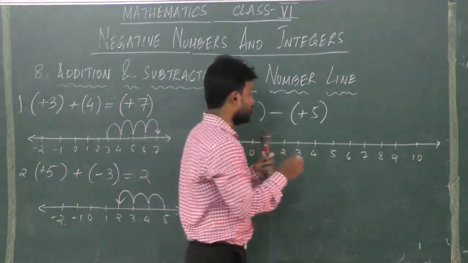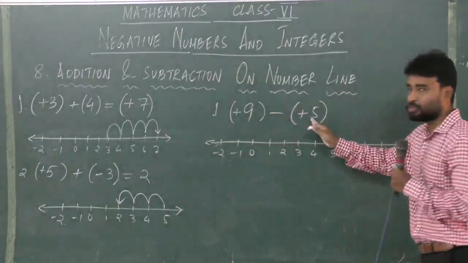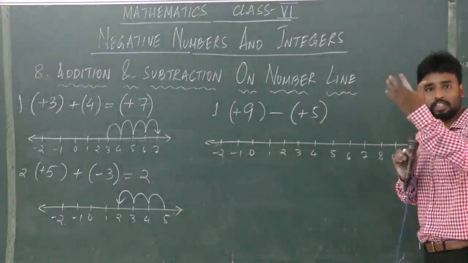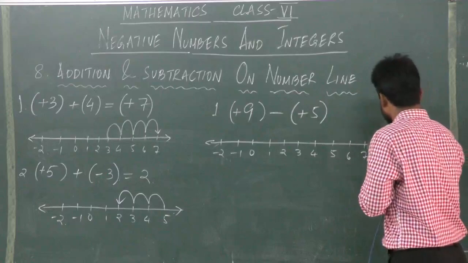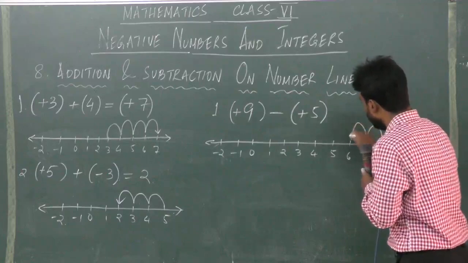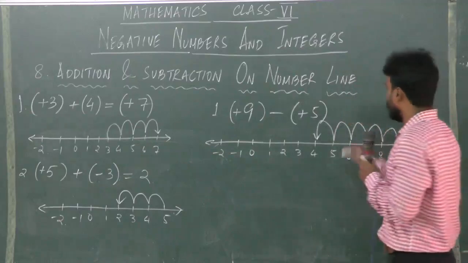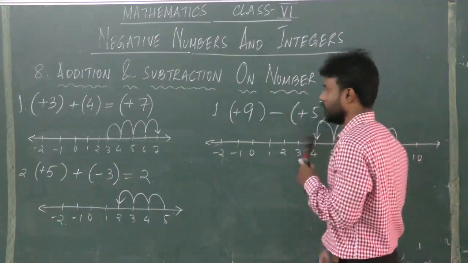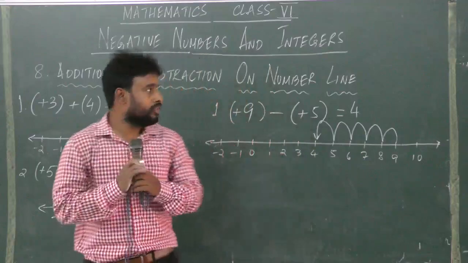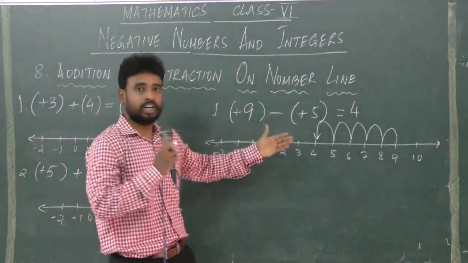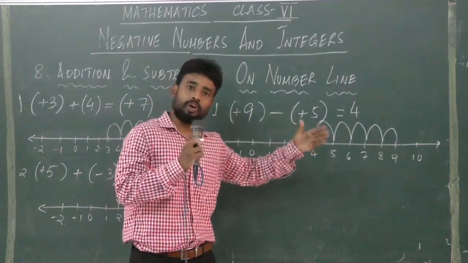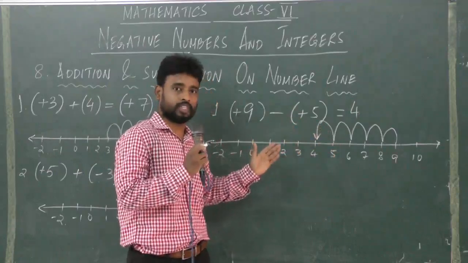So we'll start from 9, and since it is plus 5 here, we'll move 5 places to the left. 1, 2, 3, 4, 5. So ultimately, we'll get 4 as the answer. So when we want to subtract a positive number, we'll move to the left.